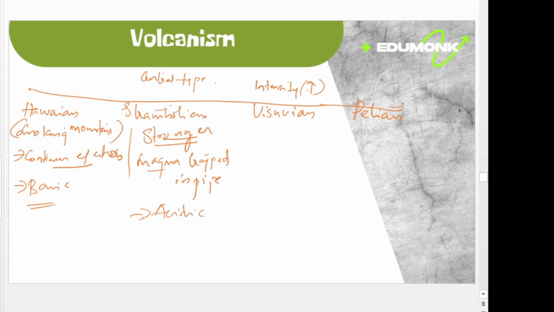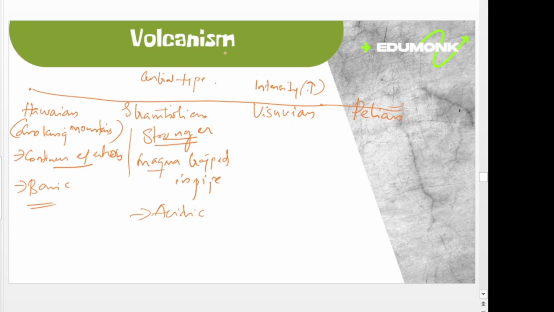Mount Stromboli is called the lighthouse of the Mediterranean Sea, because it ejects magma and the presence of light always gives navigation for the ships passing through the Mediterranean Sea.